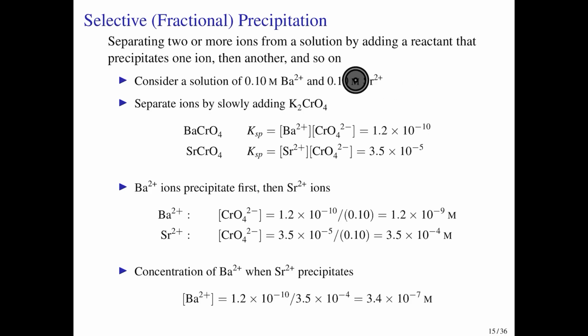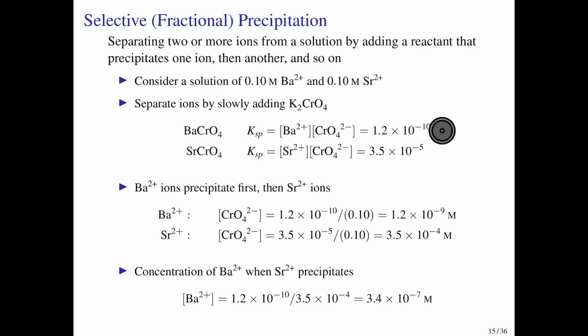What we'll note here is that both barium and strontium can be precipitated with chromate ions. And here are the KSP expressions for barium chromate and strontium chromate. And they have different KSP values. The thing to note is that the KSP for barium chromate is much, much smaller than the KSP value for strontium chromate.